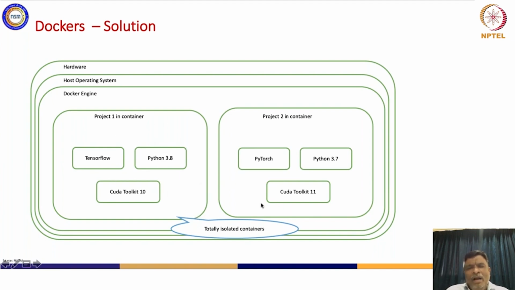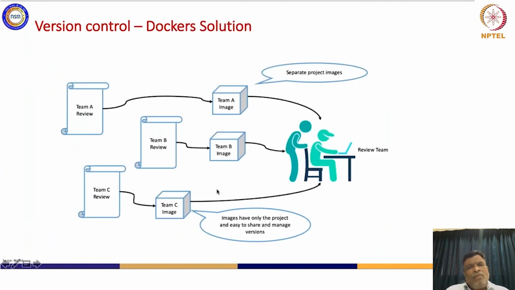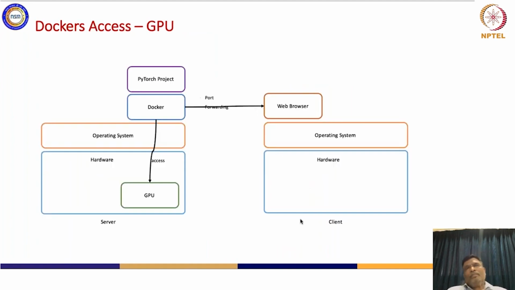These are all totally isolated containers, right? So from the review aspect, these images will have the project and they are easy to share and manage. You have got separate project images. So this is how Docker actually gives you a lightweight solution to the virtual machine problem.